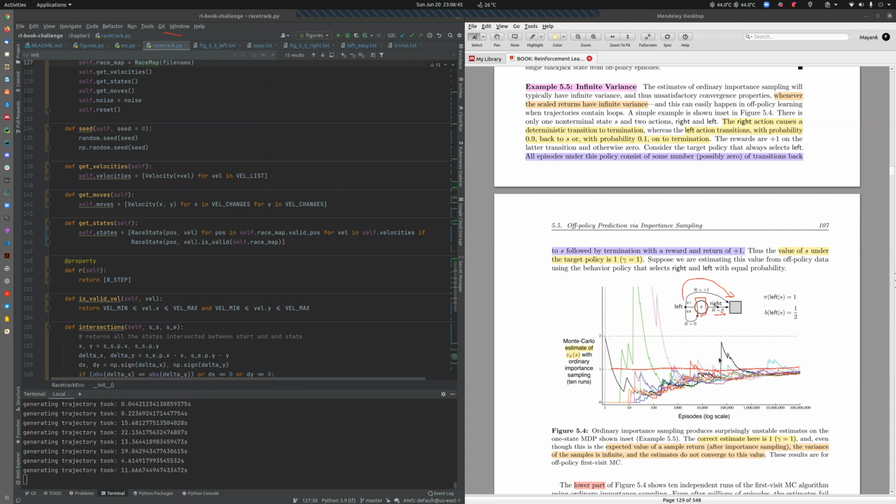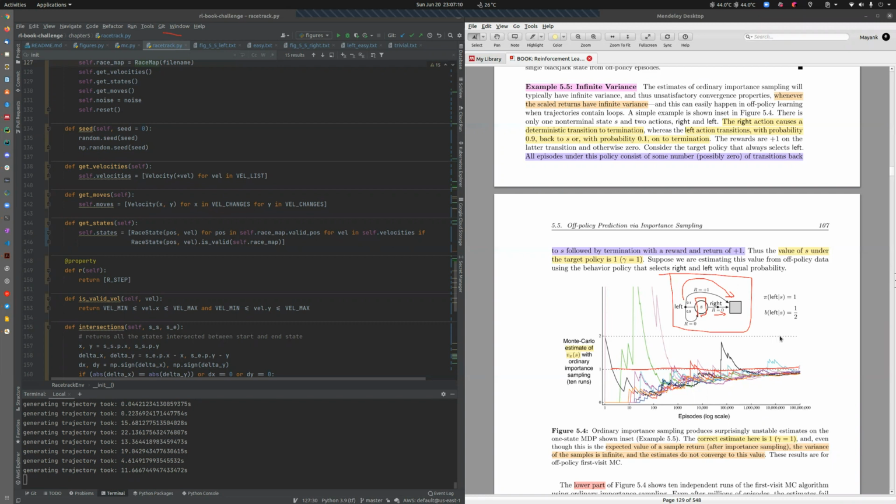As you can see, with the one-state MDP that we have, after importance sampling the variance is infinite.